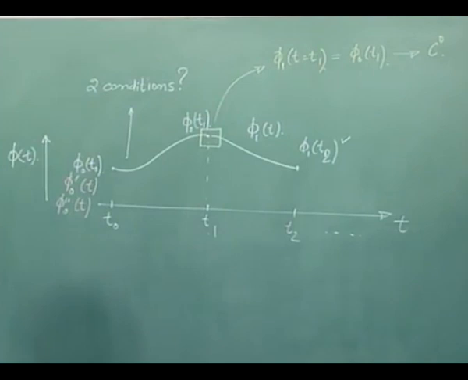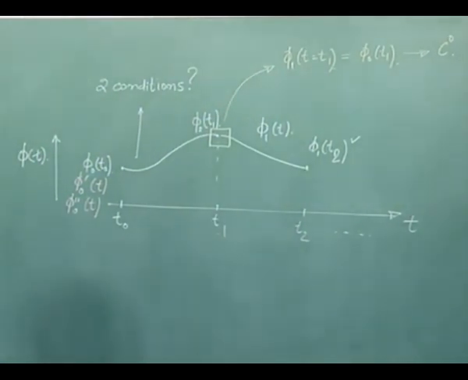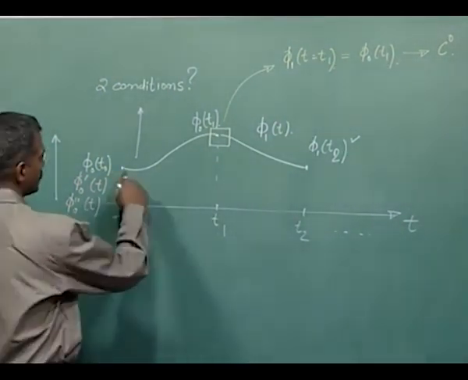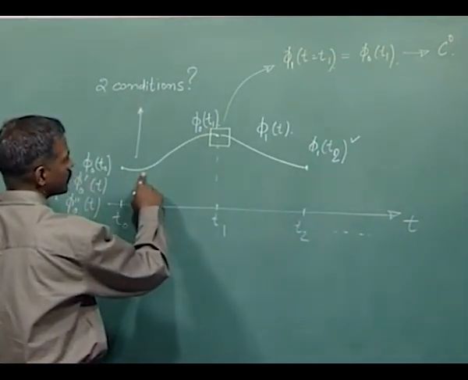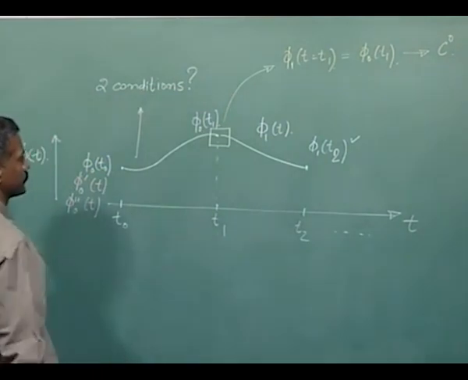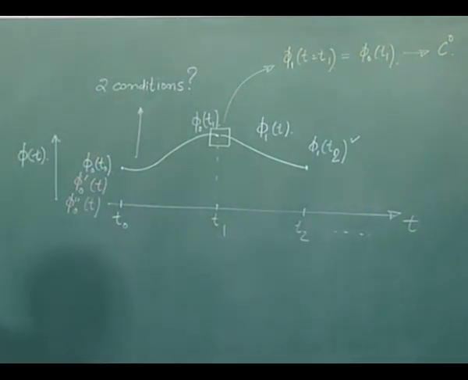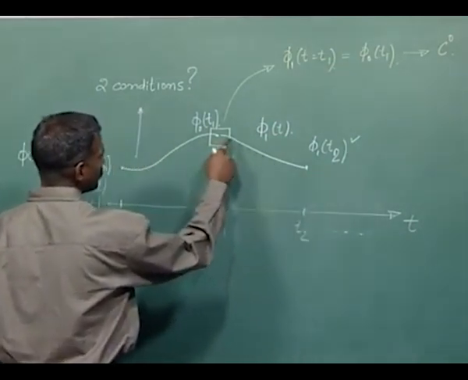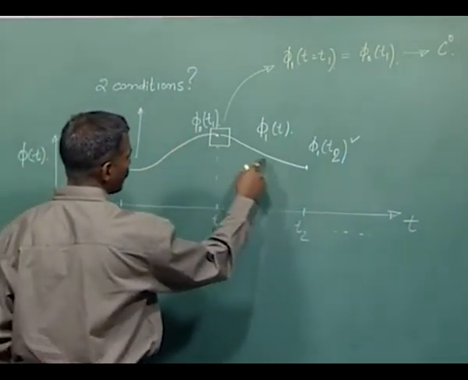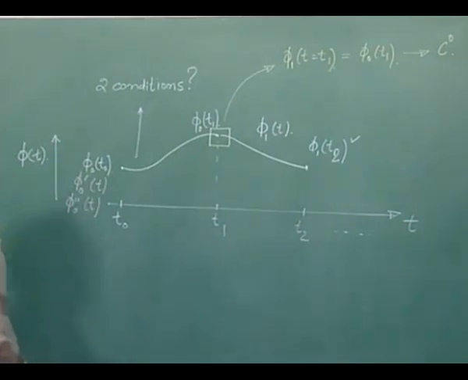Let's recall now what would be a cubic spline. A cubic spline would be such that this entire curve would be C2 continuous throughout. That would mean that the second derivative should be uniquely available at any point on this curve.